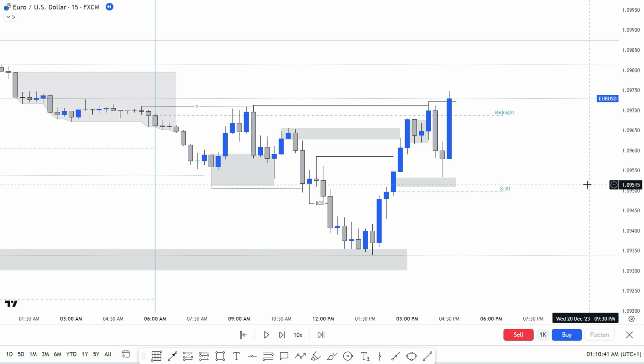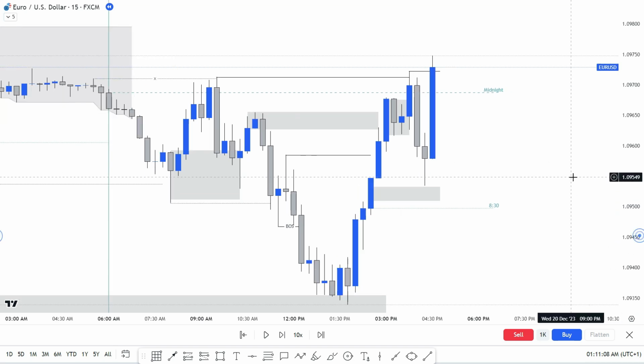All right, so the first secret is for you to understand the environment. Then second, you need to understand the liquidity which comes by a sweeping of a previous swing point. And also you need to understand exactly what price is doing, and you just have to stay in the environment of your trade.